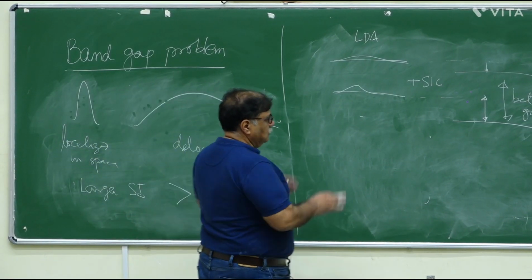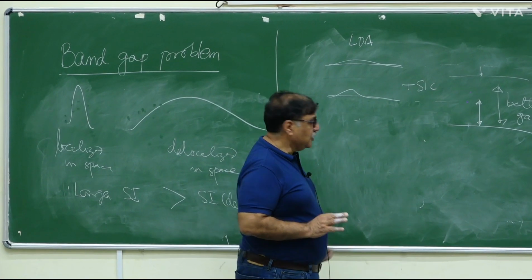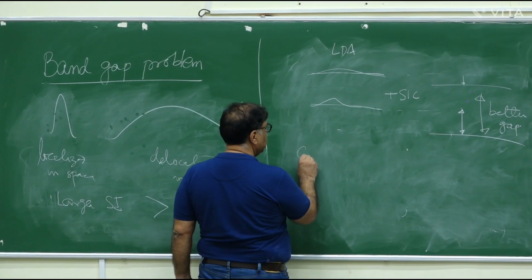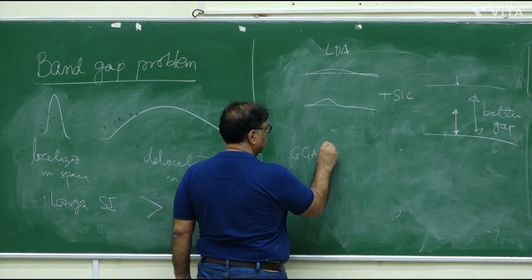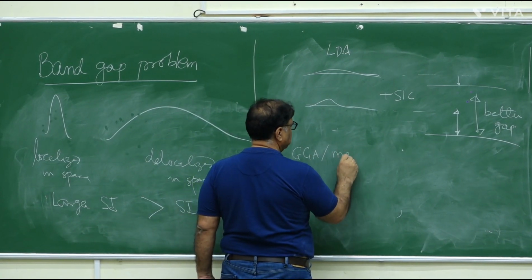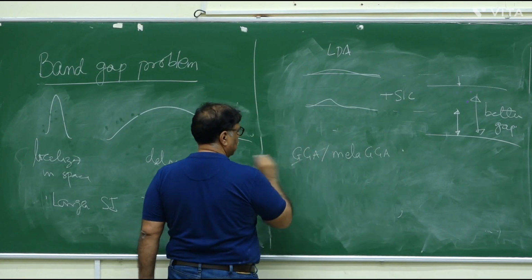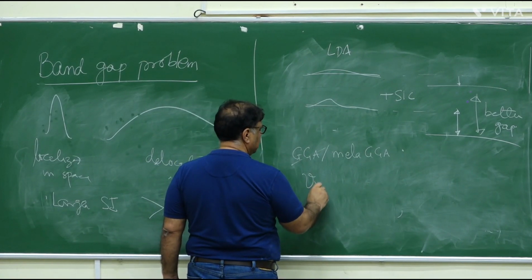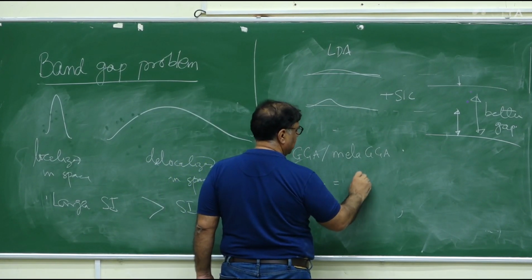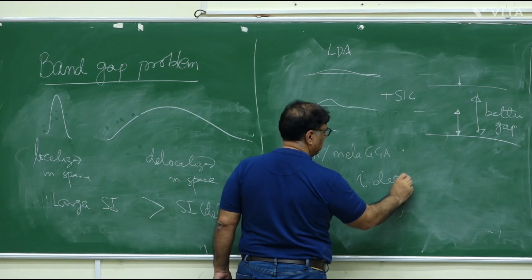I'm spending so much time on this because when you do GGA, meta GGA, in fact meta GGA, the potential VXC comes out to be orbital-dependent.